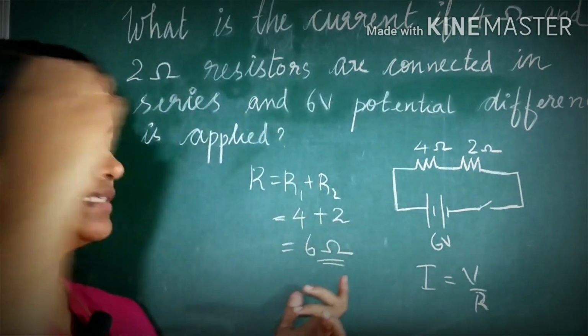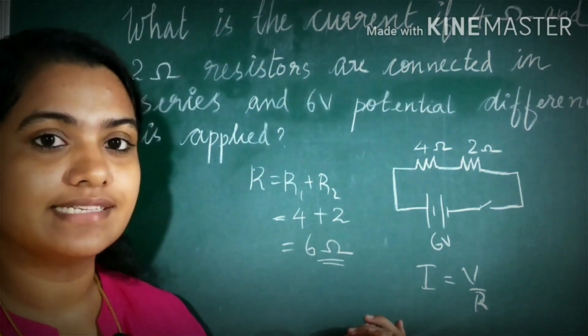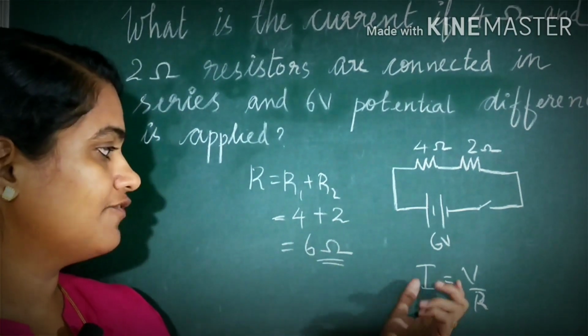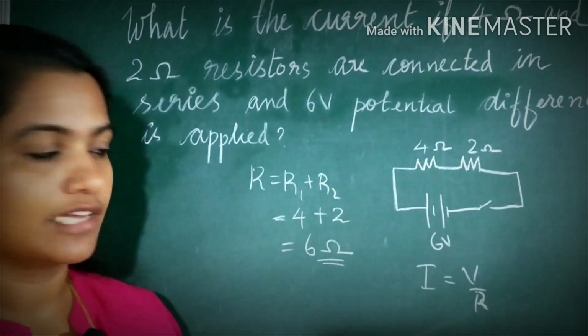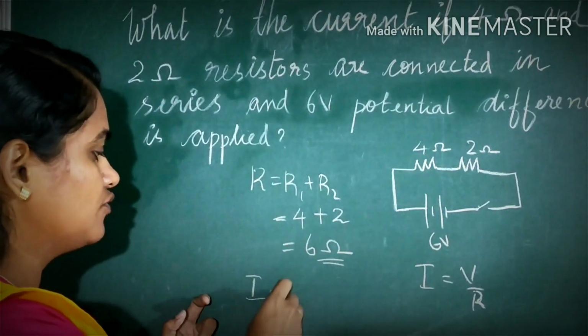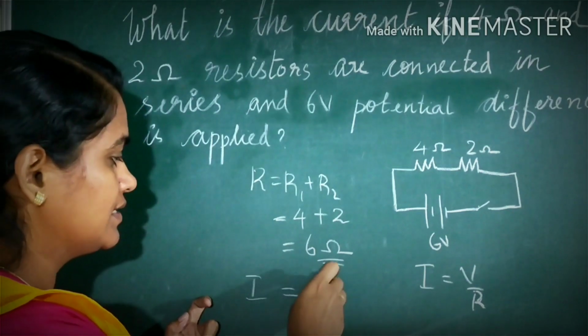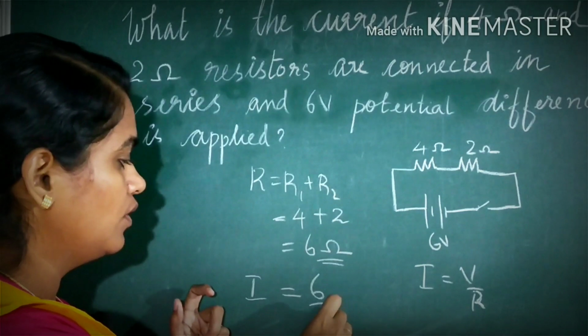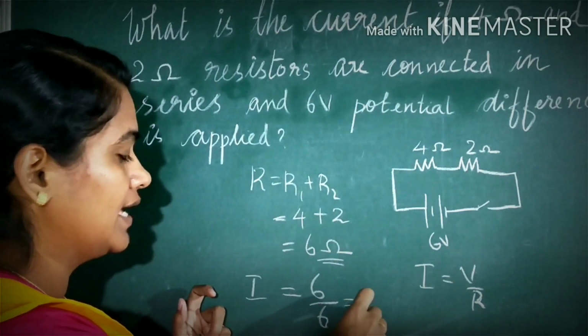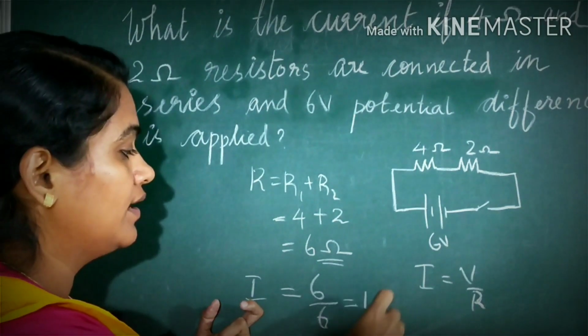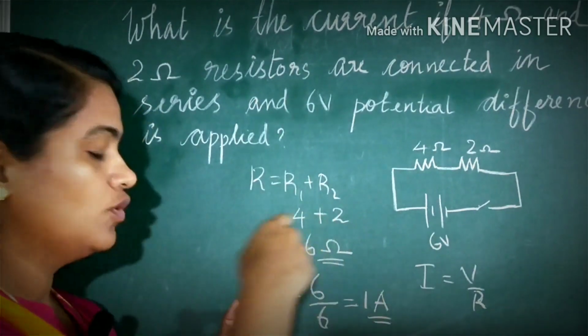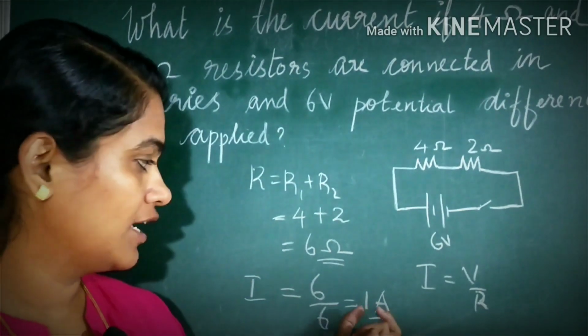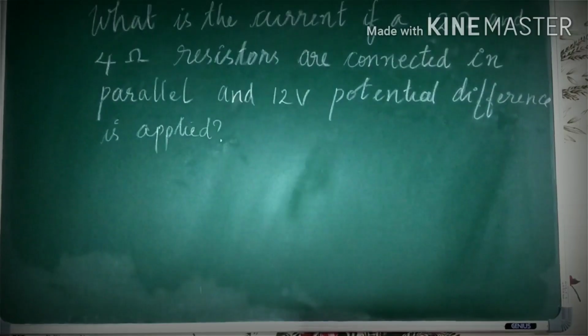Now we can find the current, I is equal to V by R. V is 6 and the effective resistance is also 6, so we get 1 ampere. So the current in the circuit is 1 ampere.